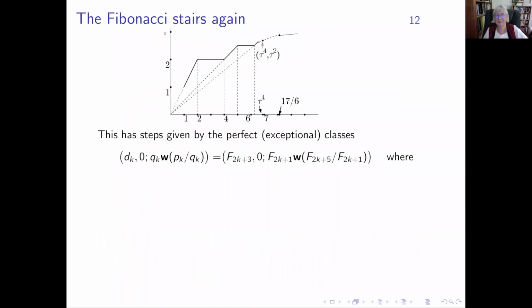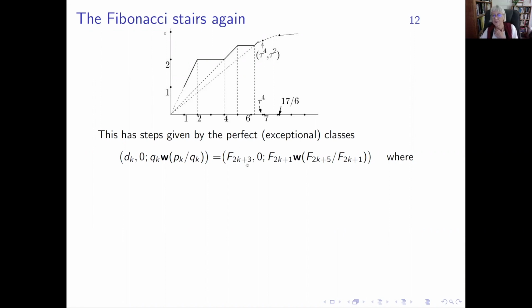So now armed with this knowledge, let's look at the Fibonacci stairs again. The steps of the stairs are given by these perfect classes, where the centers of these classes are ratios of Fibonacci numbers which are 4 apart. And of course we have a 0 there because that's the coefficient of the extra blown up divisor that doesn't exist in this case because we're going into the ball.